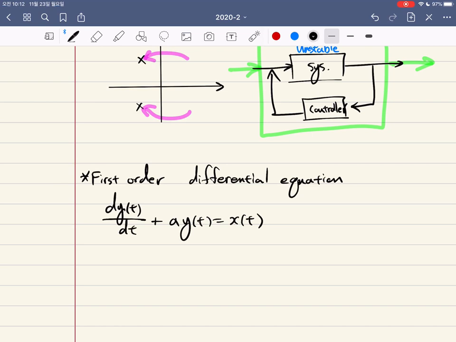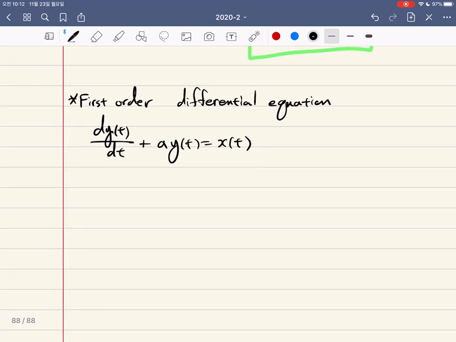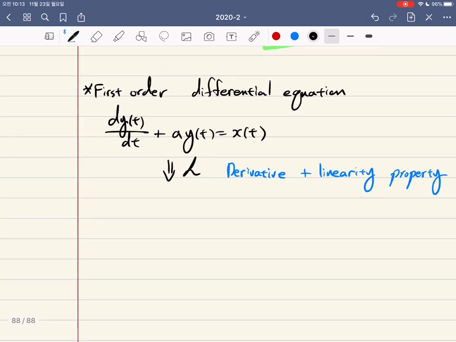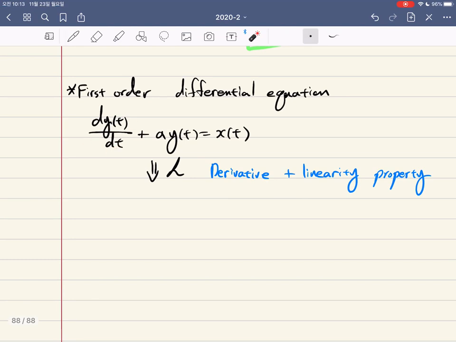This is the standard first order differential equation. And we perform the Laplace transform for this equation by using the derivative property and the linearity property. If we do that, the derivative becomes s times Y(s), plus a Y(s) equaling X(s), like this.